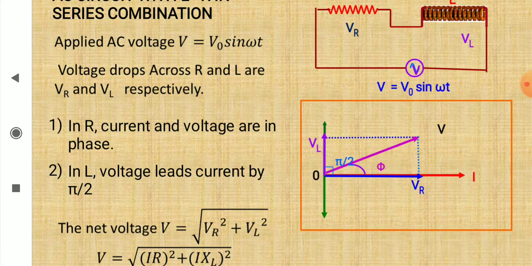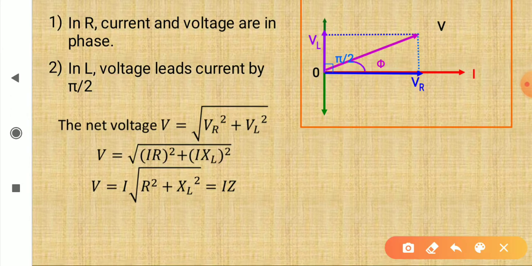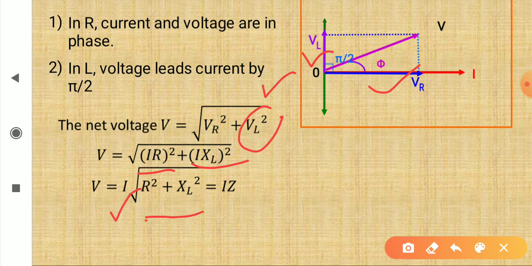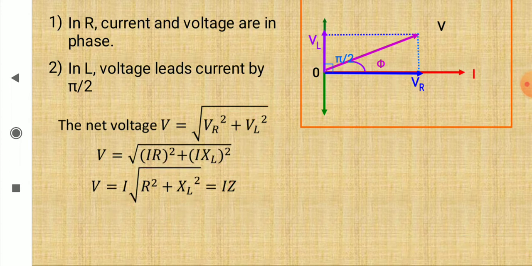So the net voltage in the circuit will be the square root of VR squared plus VL squared, see Pythagoras theorem, and VR is IR, VL is I XL, and take the current outside. So you get V is equal to I times the square root of R squared plus XL squared, and from here you can see that this whole term is behaving like a resistance. This resistance in an AC circuit is represented by Z, and it is called impedance.